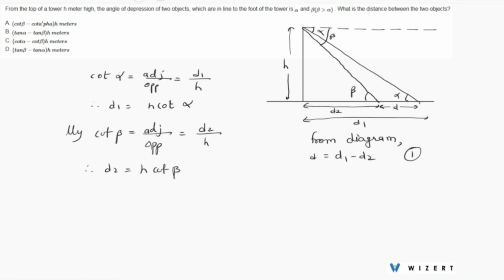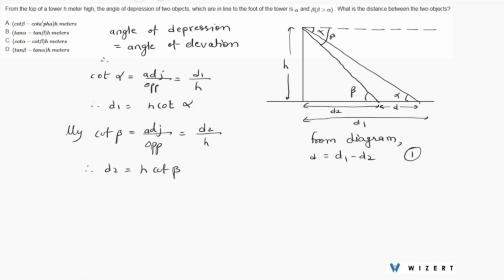Before that, we should probably write that angle of depression is equal to angle of elevation.